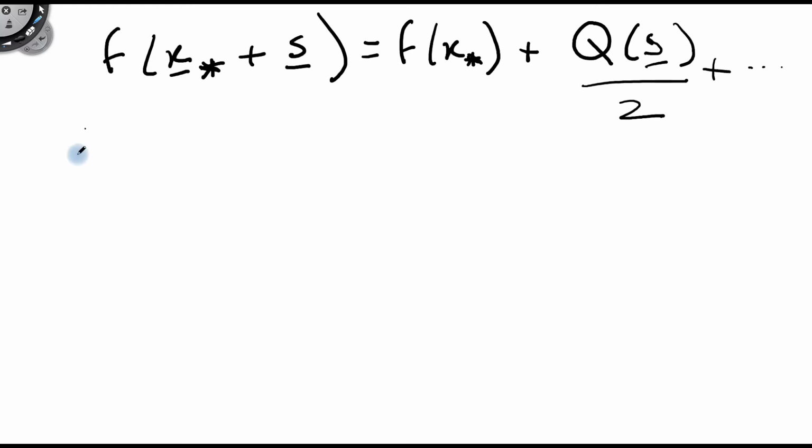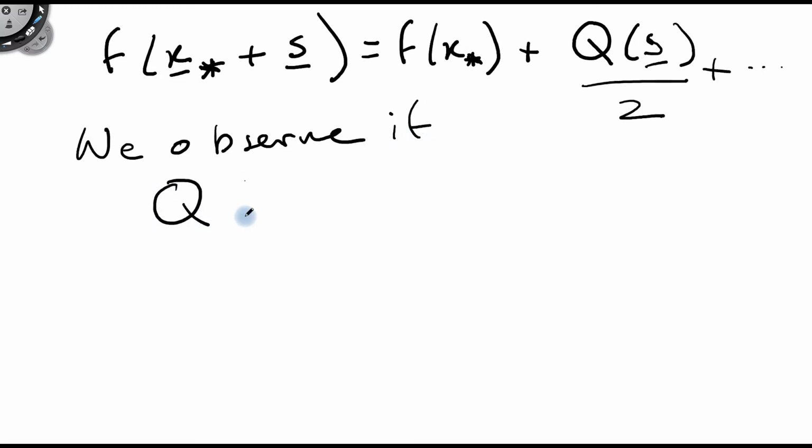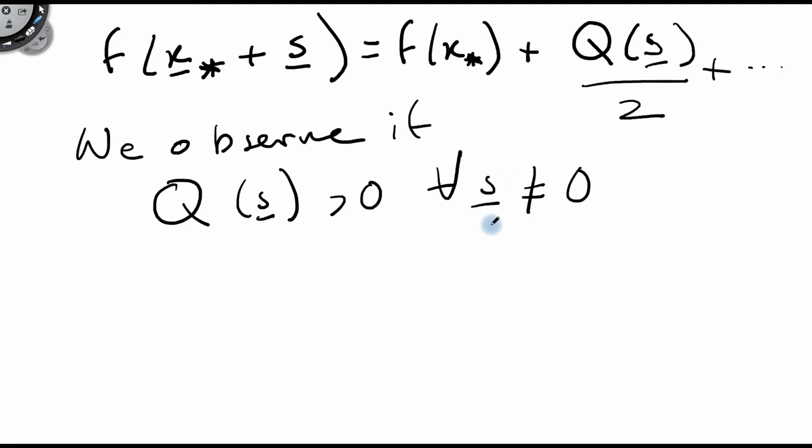So we observe then, if Q of s is greater than 0 for all s not equal to 0. A pure mathematician told me to put that on one day, very much improving the rigorousness of my presentation here. Basically, Q is greater than 0 for all values of s.